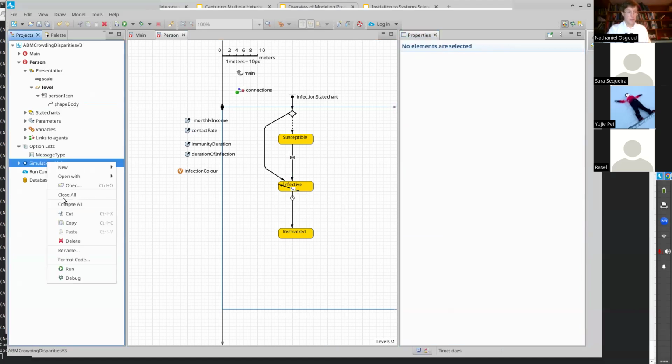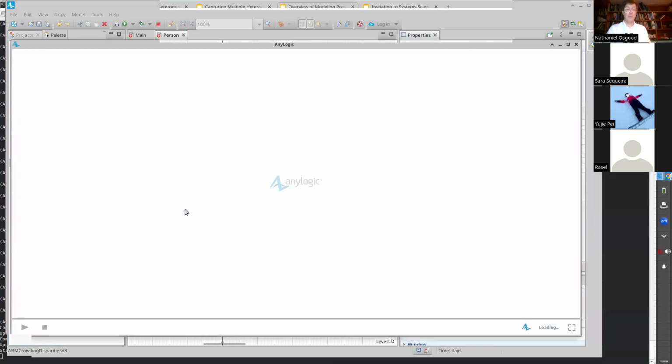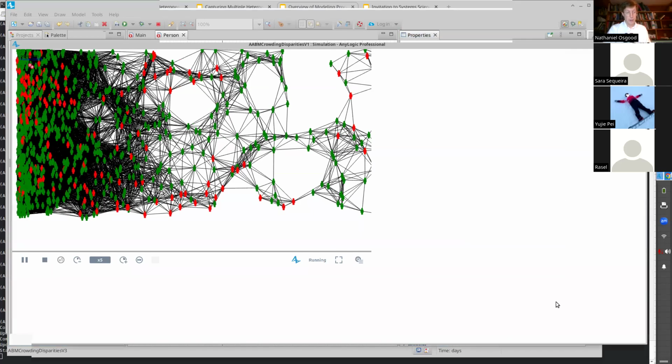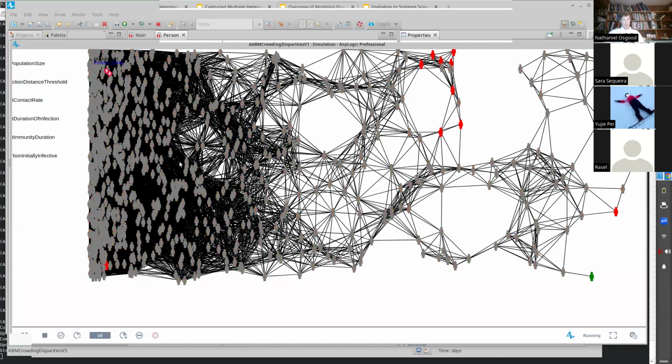So let's go run this thing. Periodically, a person who's infected will be sending that message. And here we go. Here's the 2% that are initially infected. And it's spreading across our network. There we go. A lot of people have gotten infected and now they recover.